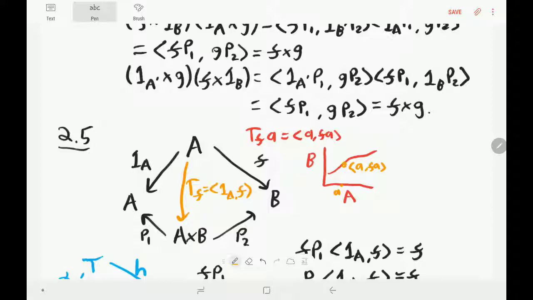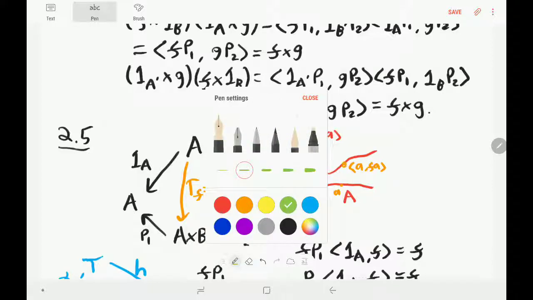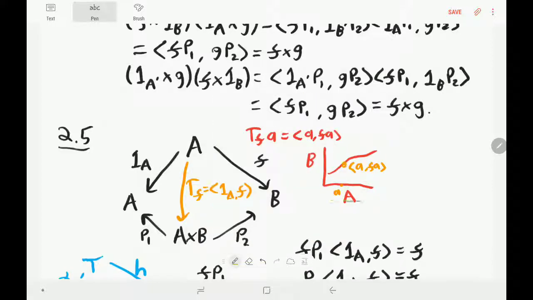So this is literally sending elements of A to points in this product of A and B, elements of this product of A and B.